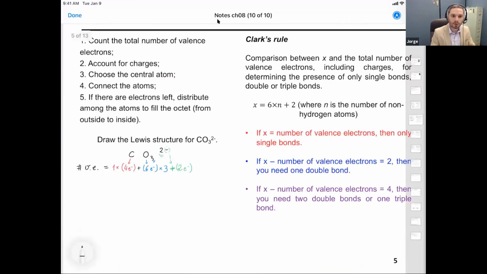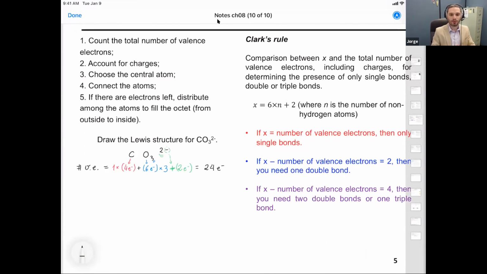Okay, so if there is a negative charge, that means electrons are in excess, and we are going to add exactly the number of the charge. So for CO3 2 minus, we have here 6 times 3, that's 18, plus 4, that's 22, plus 2, that is 24 electrons.